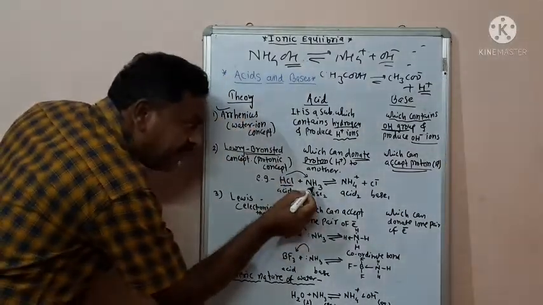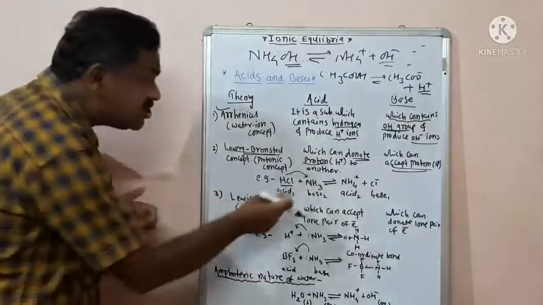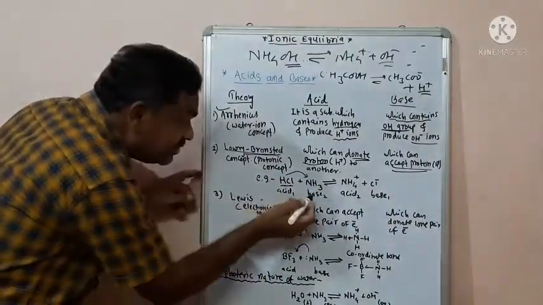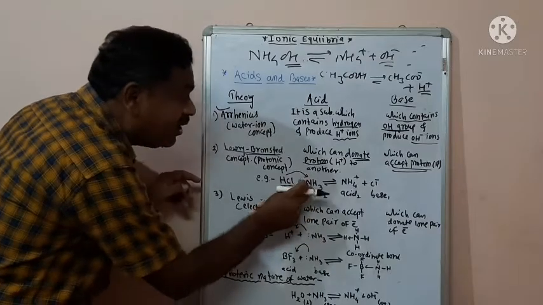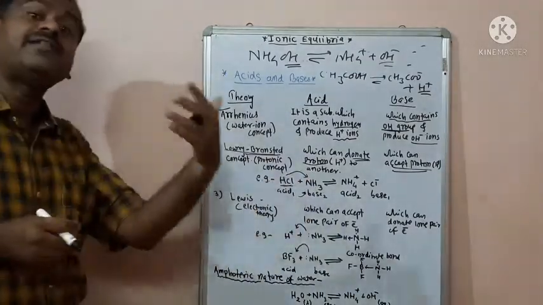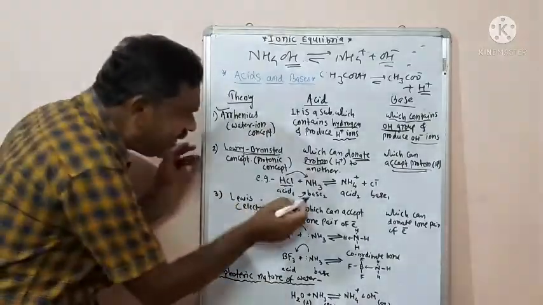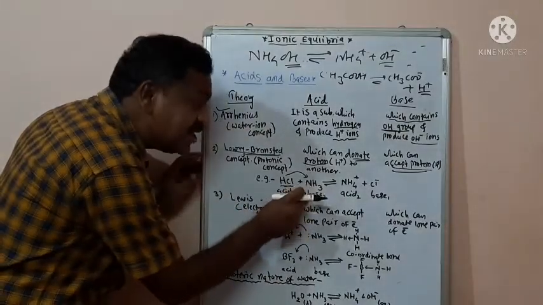Ammonia is the base. Why is this called the base? Because this ammonia accepts one proton from another substance, and that's why ammonia is a base.